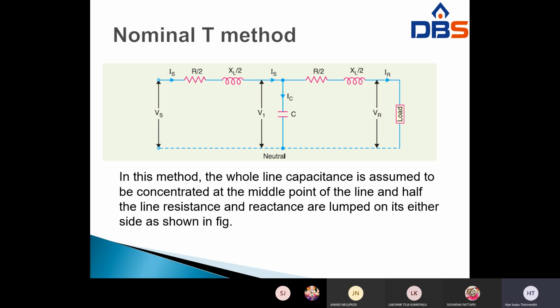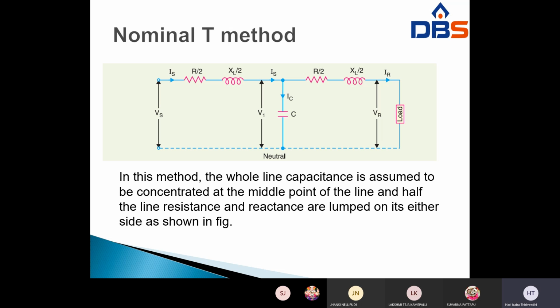First VR is taken as the reference. Then the IR R by 2 drop is in phase with IR, and IR XL by 2 leads by 90 degrees. Therefore the combination of VR plus IR R by 2 plus IR XL by 2 is the voltage across the capacitor: V1 equals VR plus IR R by 2 plus j IR XL by 2.